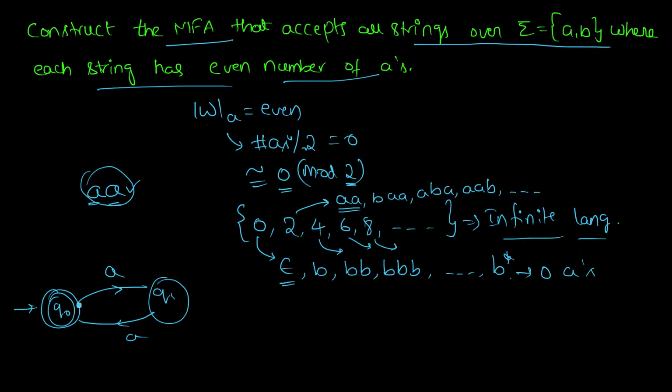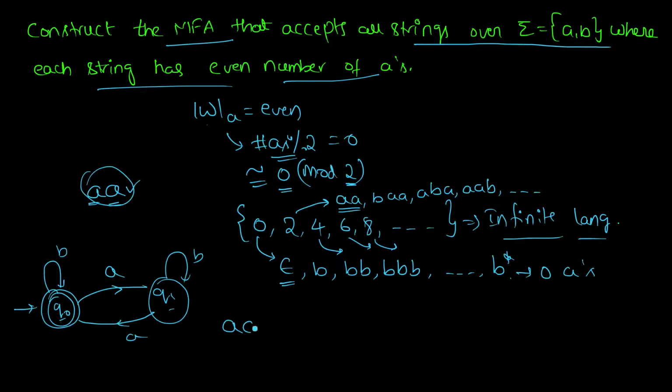Since we don't have any constraint on B, we just skip them whenever we see them. On seeing B from Q0, I will be in Q0 itself. On seeing B from Q1, I will be in Q1 itself. So this DFA can accept all the strings having an even number of A's.